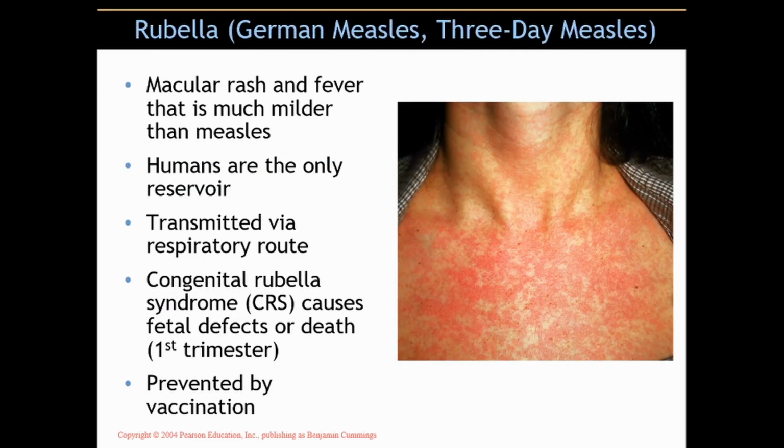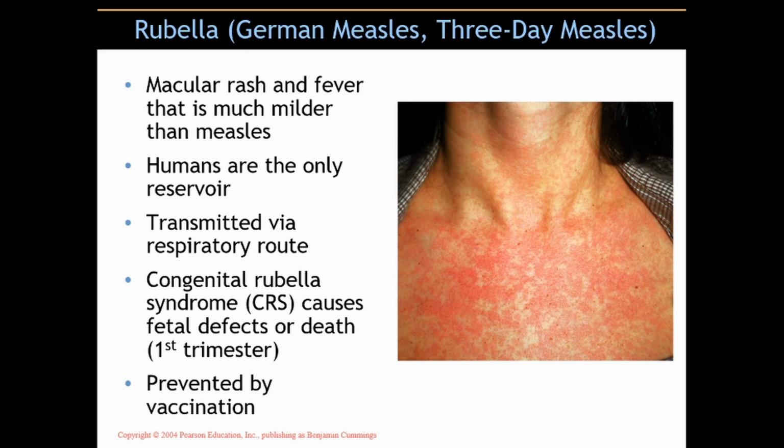Rubella, German measles, or also called 3-day measles, macular rash and fever, it's much milder than measles. We are the only reservoir. This could potentially be eradicated, but people aren't really dying from this, at least as far as I know, in huge numbers. So I don't think we're going to see a global campaign to eradicate rubella. It's transmitted via respiratory route.